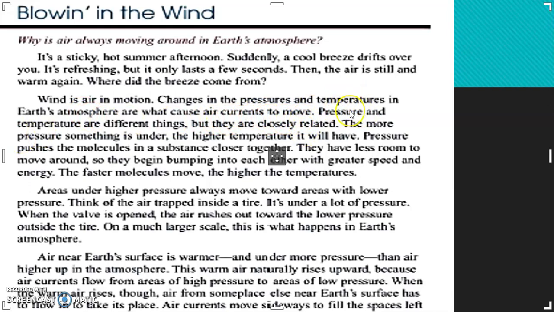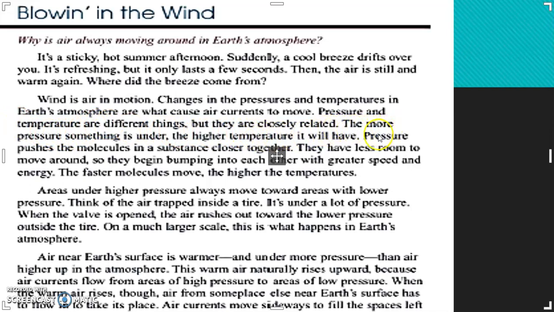Pressure and temperature are different things. What is pressure? Something that is pushing, pressing, and temperature is about whether it's hot or cold, right? But they are closely related.